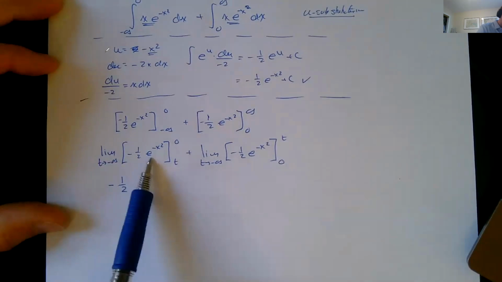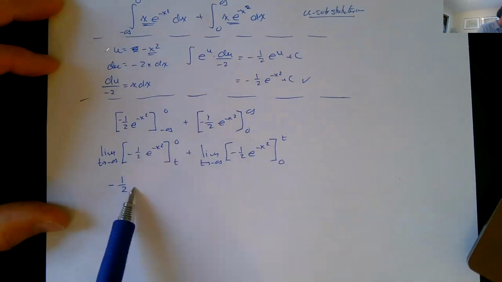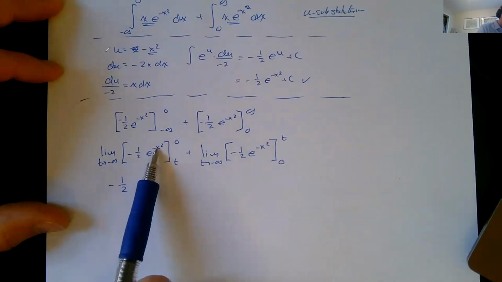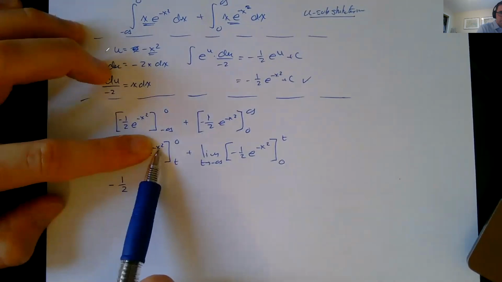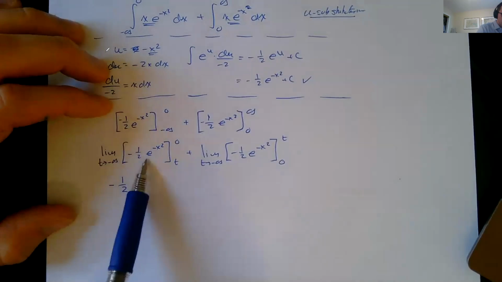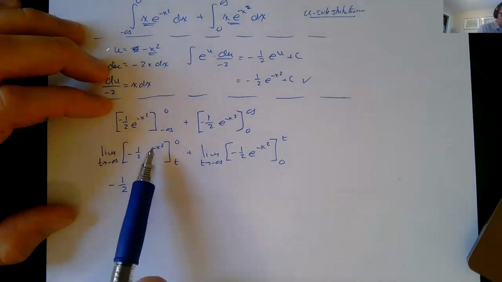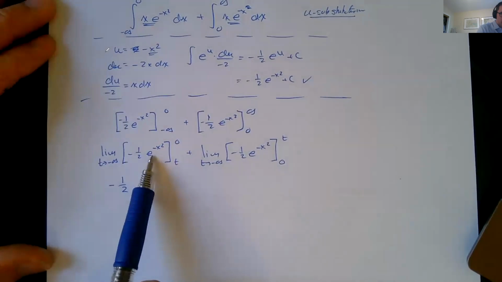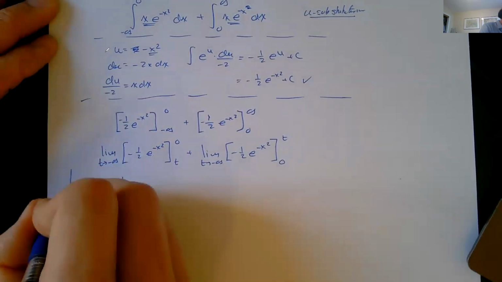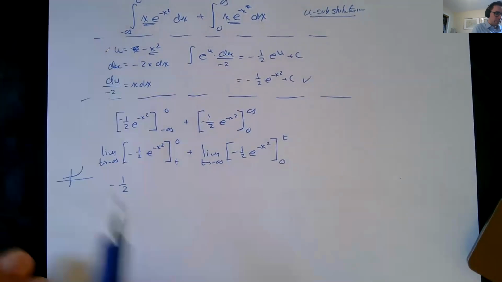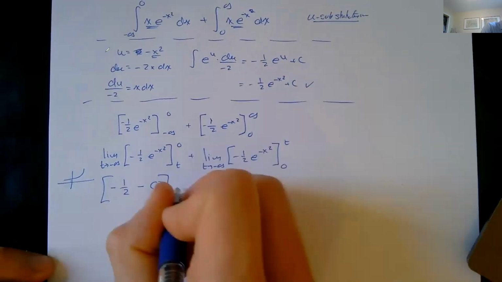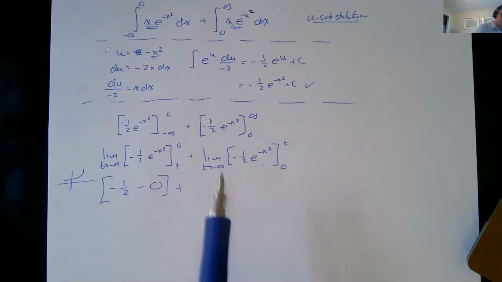Then when t approaches negative infinity, t squared becomes positive infinity, but the negative makes this e to the negative infinity, which approaches 0. So I'm going to subtract 0 and write that like this. Then we consider the next part.